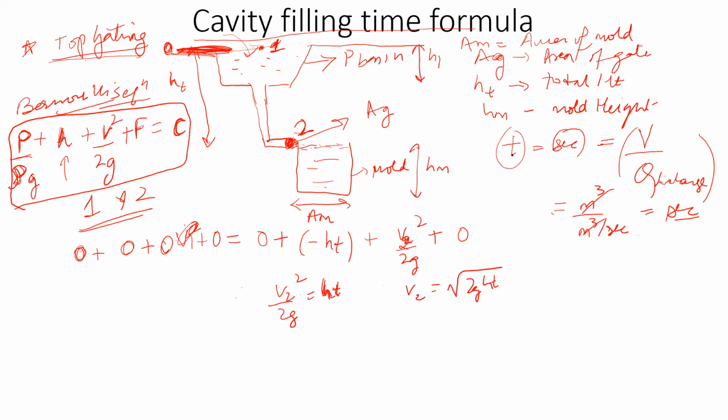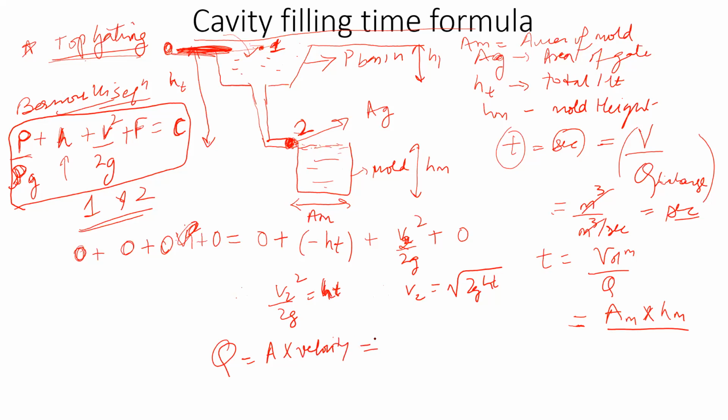Now we have to find this time. Time is equal to volume divided by discharge. The volume of the mold will be the area of the mold into the height of the mold. And discharge, as we know, is area into velocity.